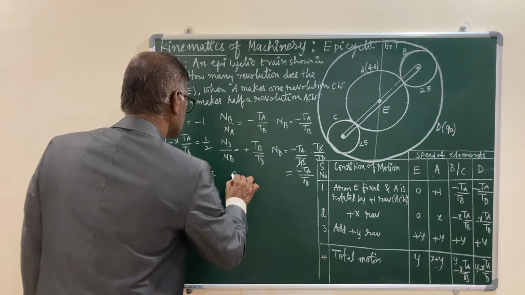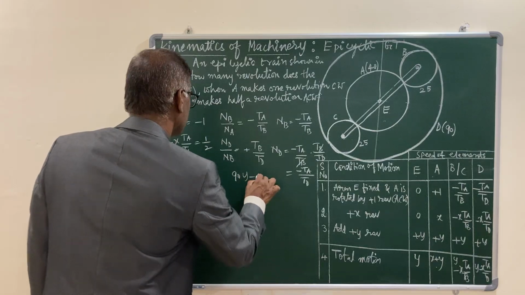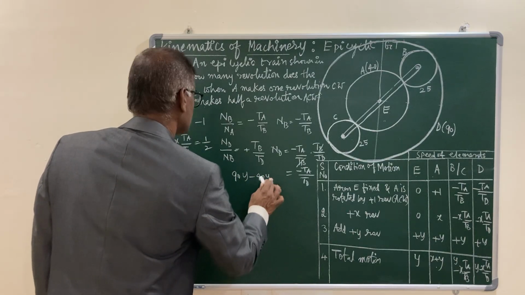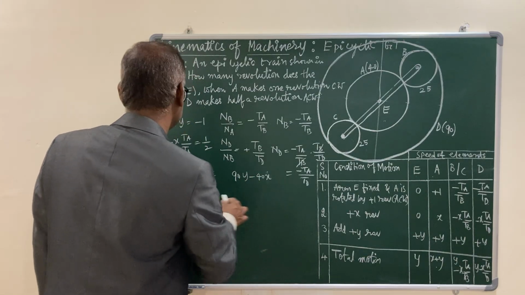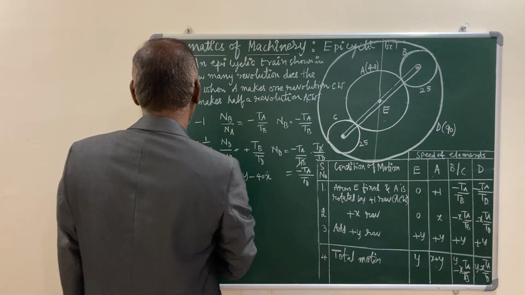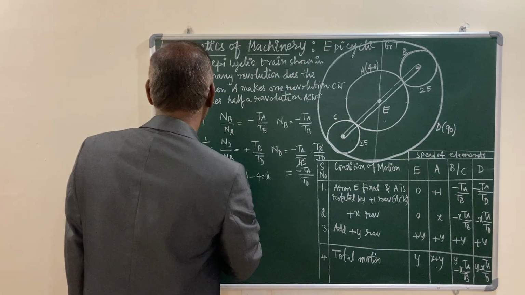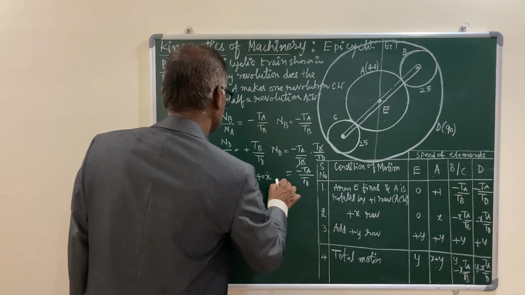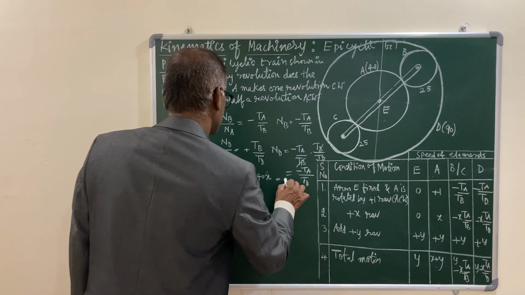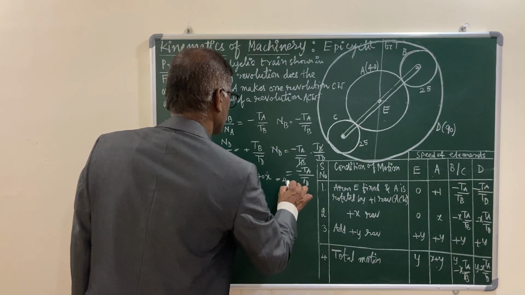And further, it is 90y minus 40x, right? 90y minus 40x is equal to 45, that is 90 by 2 is 45.